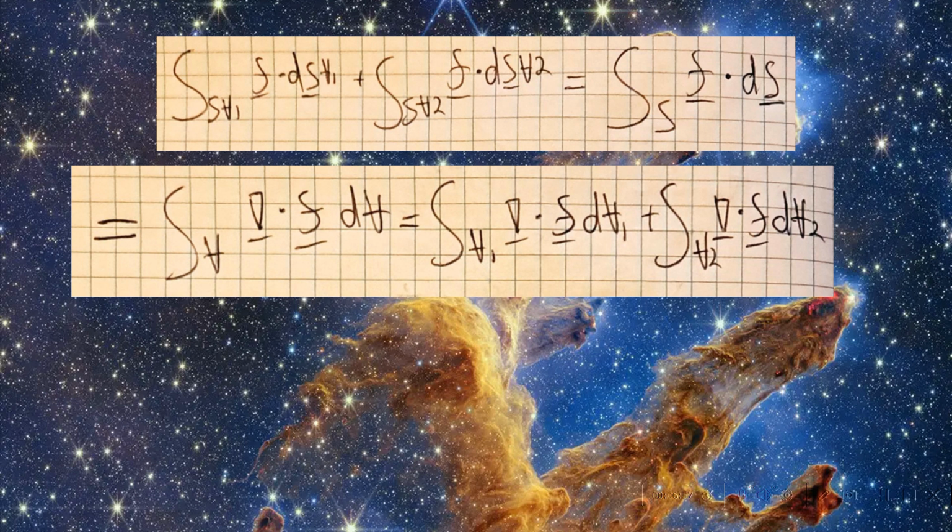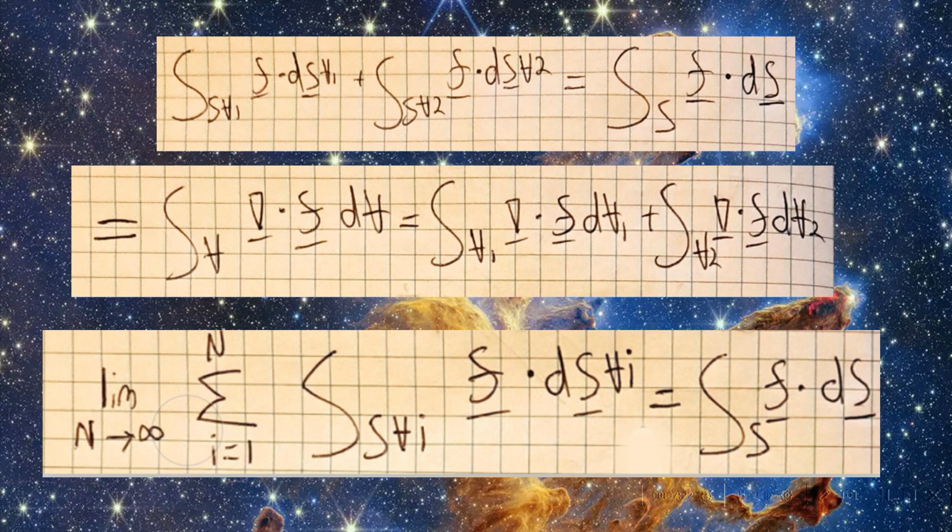And then we can continue to use the divergence theorem so that del dot f of the entire volume is equal to that, which would also mean that del dot f of volume 1 plus del dot f of volume 2 would be equal to del dot f of the entire volume.